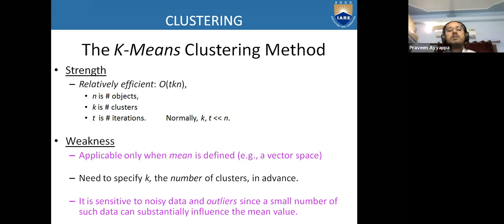Thank you, students. Tomorrow I am going to come up with another algorithm called the hierarchical clustering algorithm. If you have any doubts, kindly unmute yourself and raise some questions.